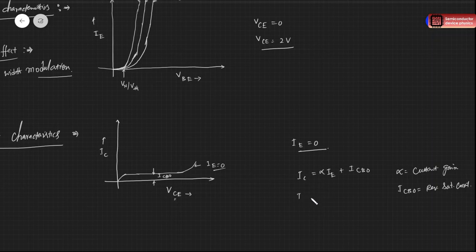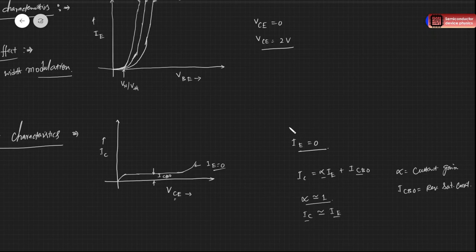And the current gain alpha is almost equal to 1. So in that case, the collector current is nearly equal to the emitter current. Alpha is nearly 1, and ICBO is the reverse saturation current, which is very small, so you can neglect it. So our IC, or the output current, is almost equal to the emitter current.